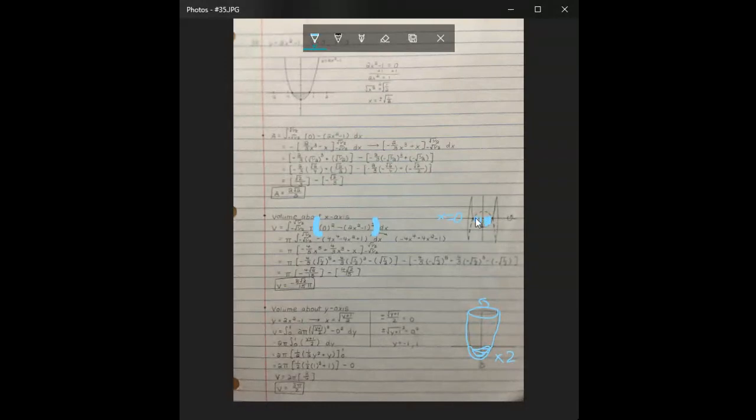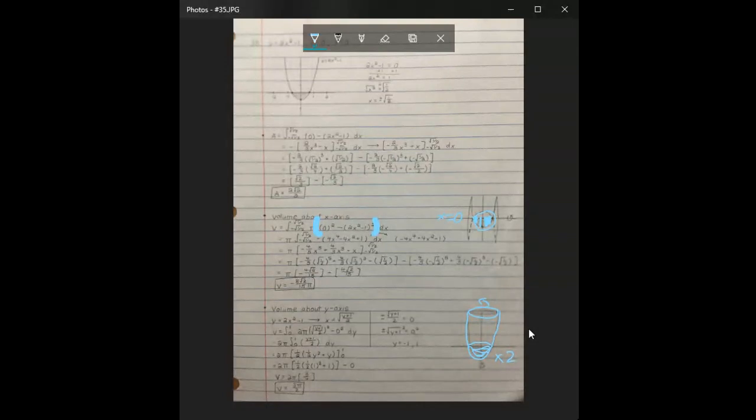Oh, okay. So it's just this part right here. So similarly for this one, when we rotate with the y-axis, we only get the bottom solid. We don't get the top empty part. Everything's under the x-axis. Yes.